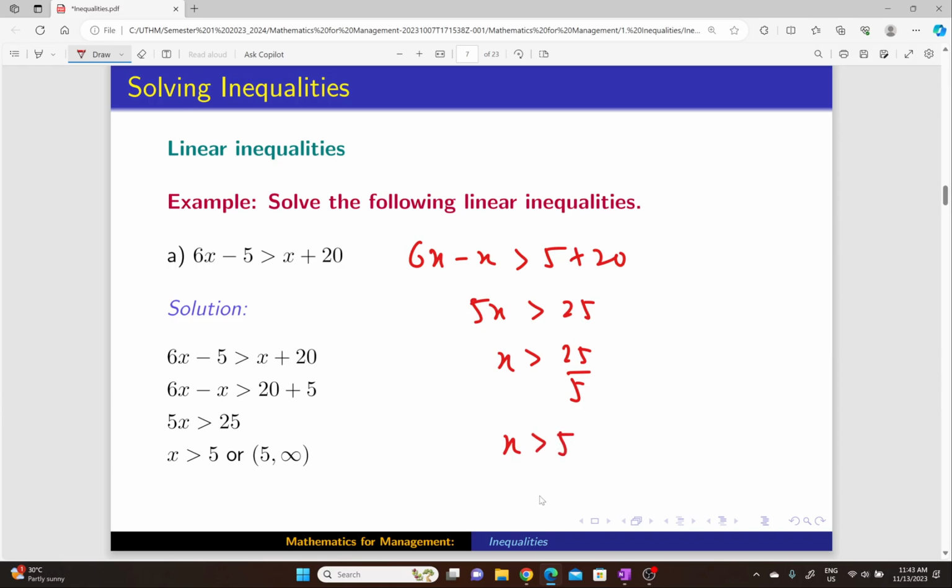So that's how you get the answer. You can leave the answer like this, or you can use the notation. If you put a number line here, this is how you draw it, all the way going greater than 5. Greater than 5 means we put 5 here.